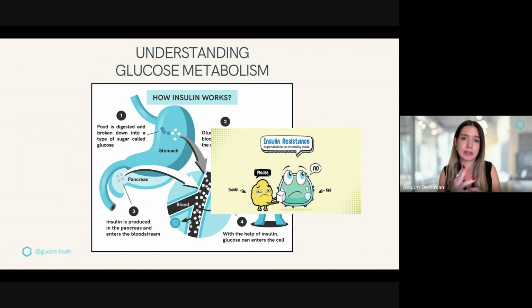However, we need to break this cycle. First of all, as Dr. Cigdem explained, if there is a need, we are using the medications to break this cycle. But there is another thing that we are most of the time neglecting, acting like a medication: exercise. Because we know that muscle contraction is opening the gates and allowing the sugar to come inside the cell.